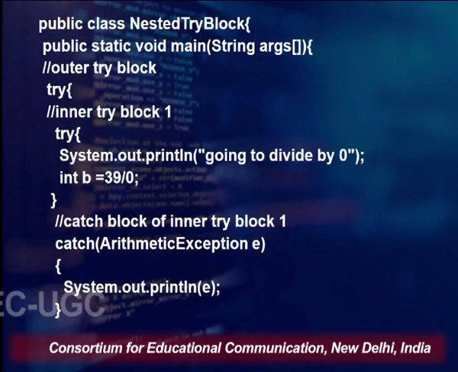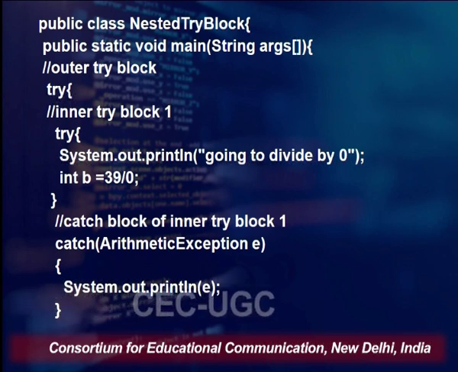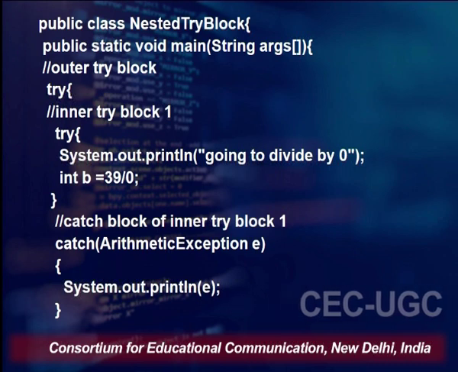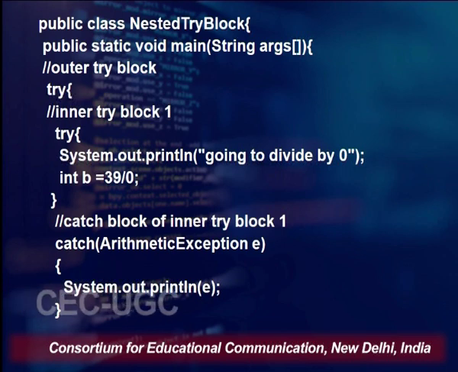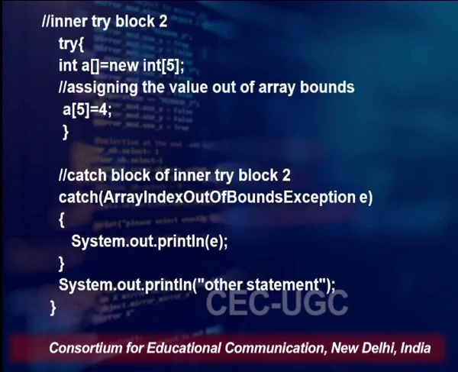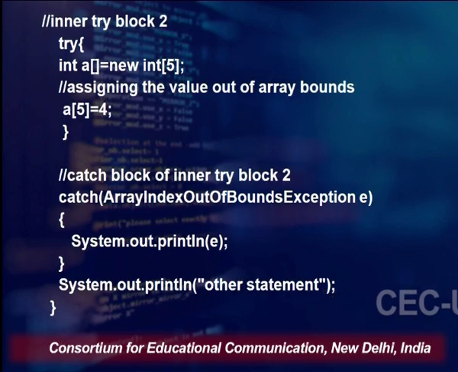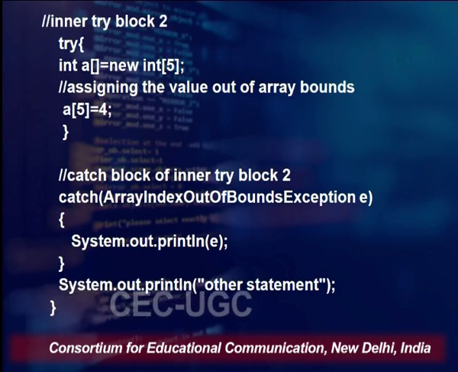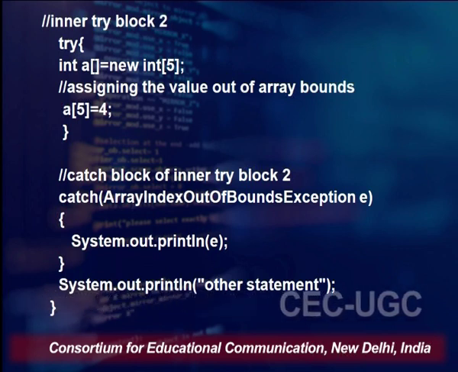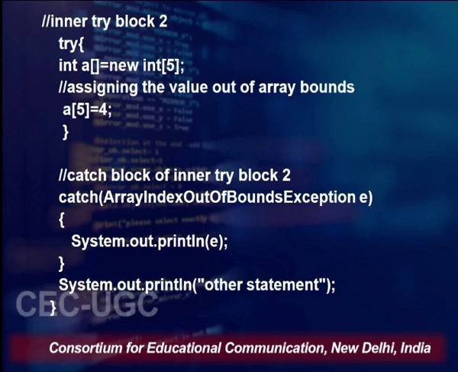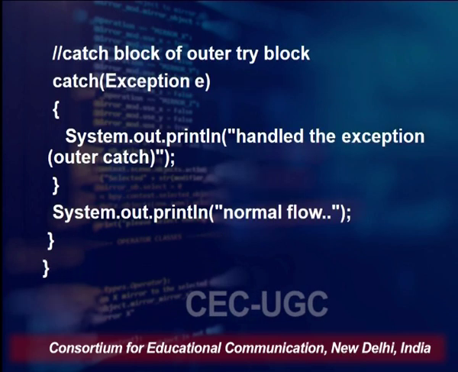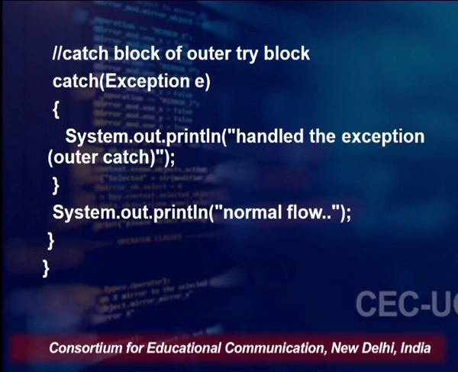So the output we are expecting should be something like this: going to divide by 0. Then whatever the state of the ArithmeticException E object is will be printed. Then the next exception, the array index out of bounds exception, all the details of that particular object E will be printed. Then the other statement will be printed, and in the last, the normal flow statement should be printed.